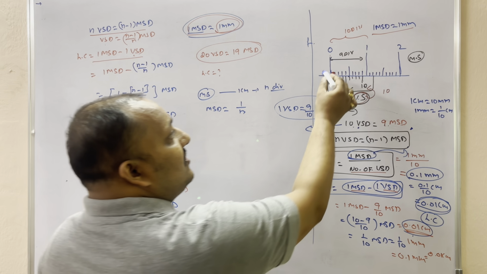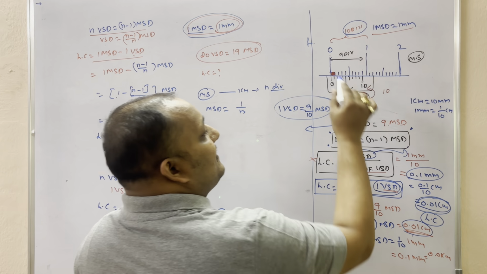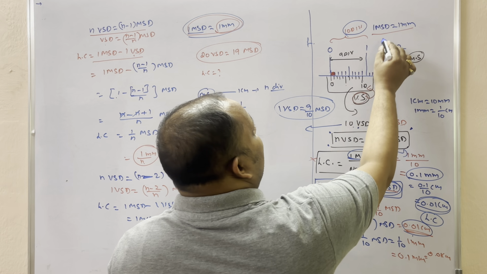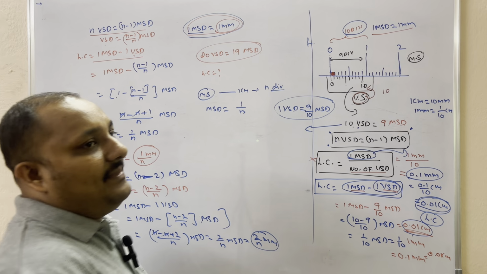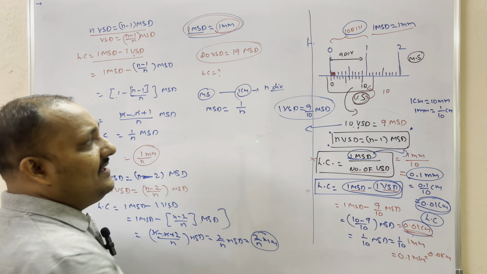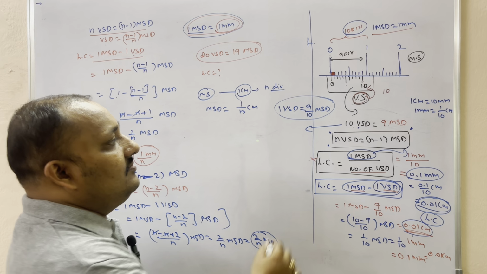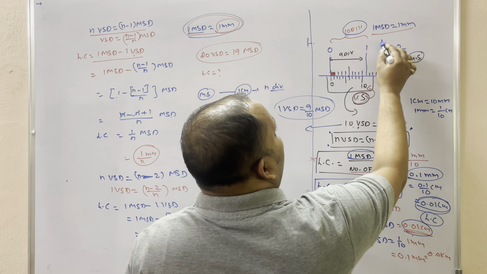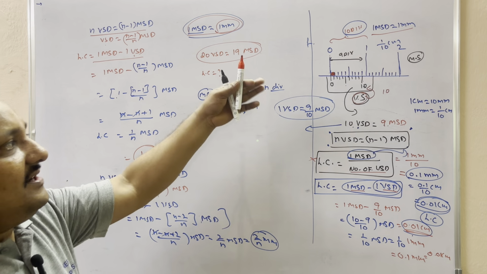Understood? Here from 0 to 1, how many divisions are there? 10 divisions. Then what is each MSD value? Each MSD value is nothing but 1 mm or 1 by 10 centimeters. Here they gave centimeter, therefore 1 by n centimeters. This is 1 by 10 centimeters, 0.1 centimeters, otherwise 1 mm.